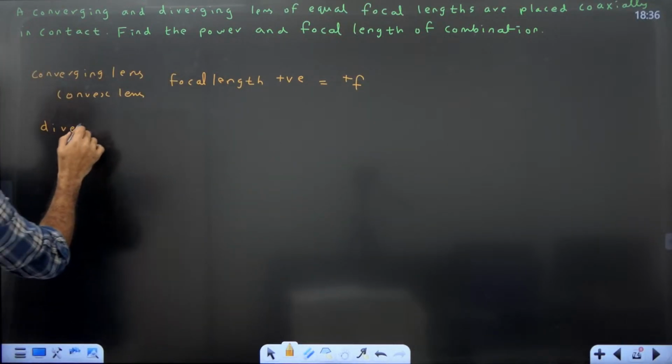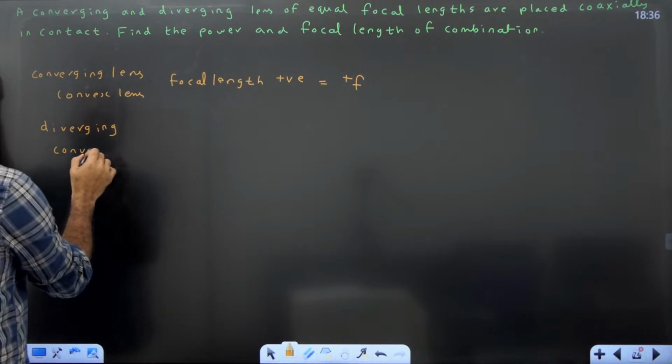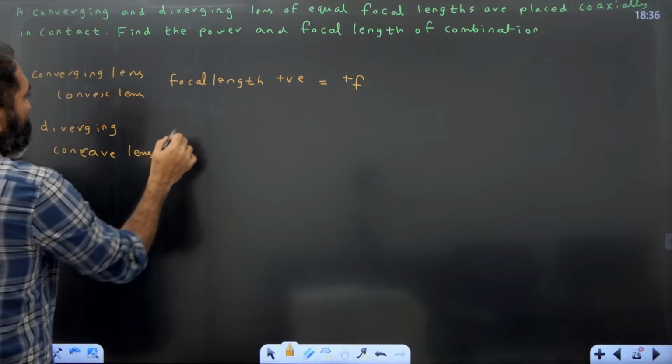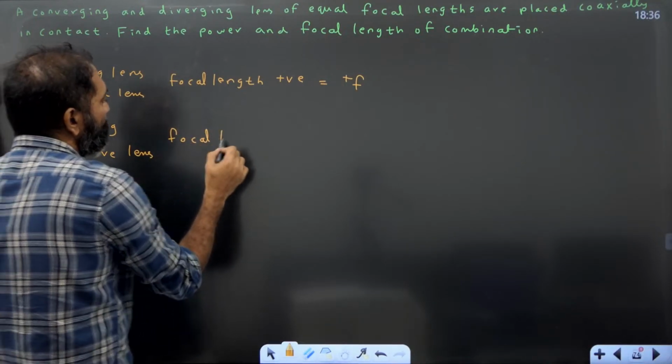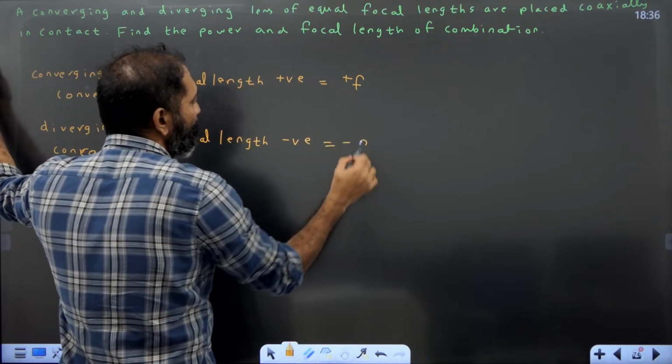Diverging lens, what is that? Concave lens, focal length negative, that is minus f.